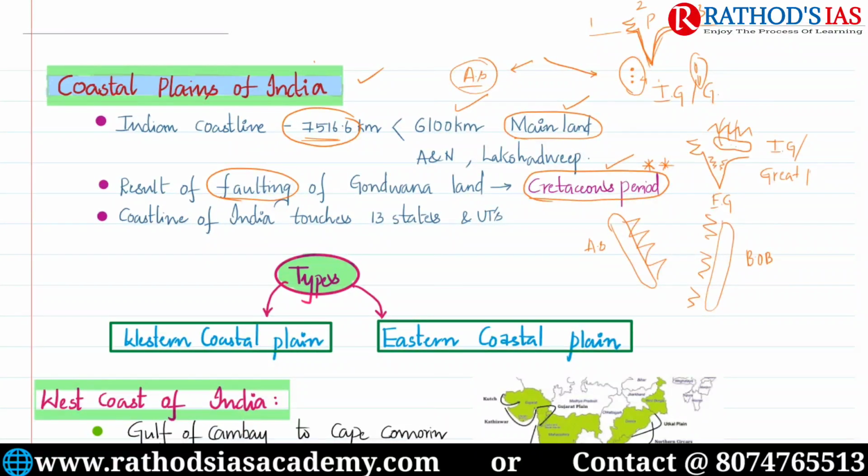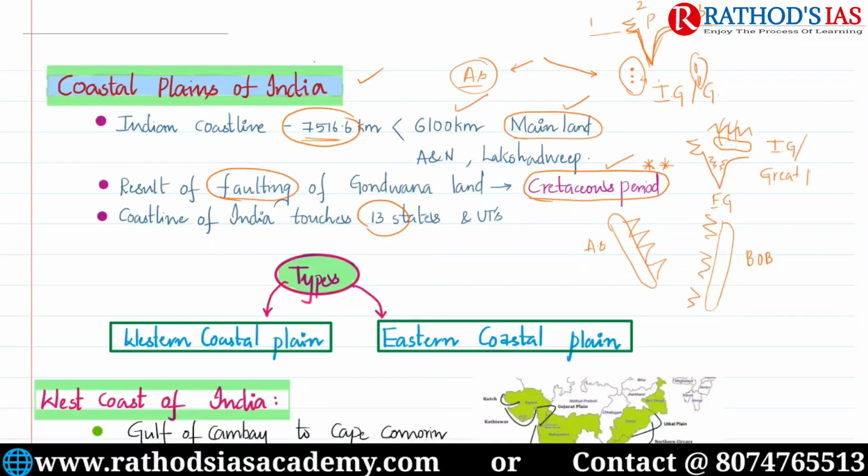And one more important prelims fact you have to know is that the coastline of India touches 13 states and union territories. And one more thing here is we have the west coastal plain as well as the east coastal plain.